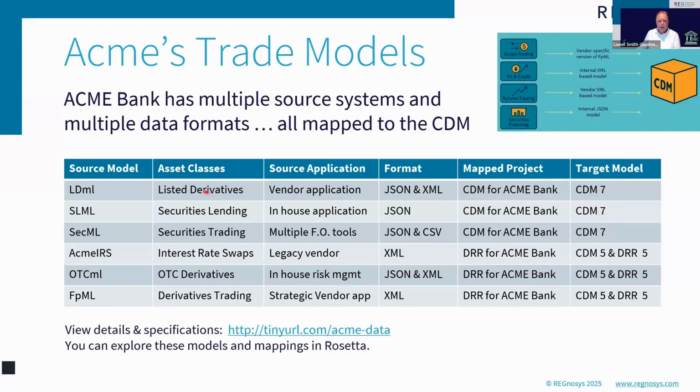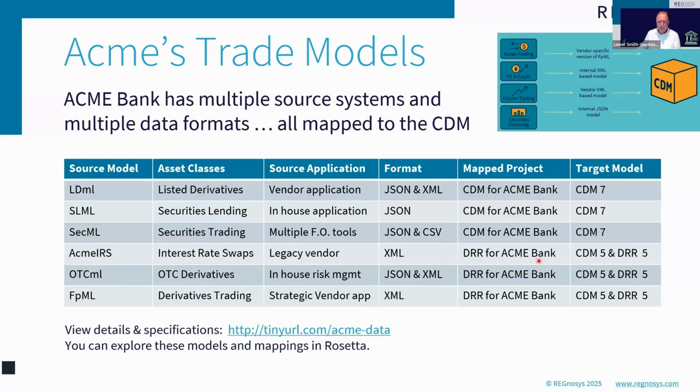So they support these use cases particularly well: listed derivatives, securities lending, and regular securities trading. So we have examples in the CDM Acme Bank project of these different asset classes modeled in hypothetical data in JSON, in XML and CSV, and going into the CDM in the CDM 7 format.